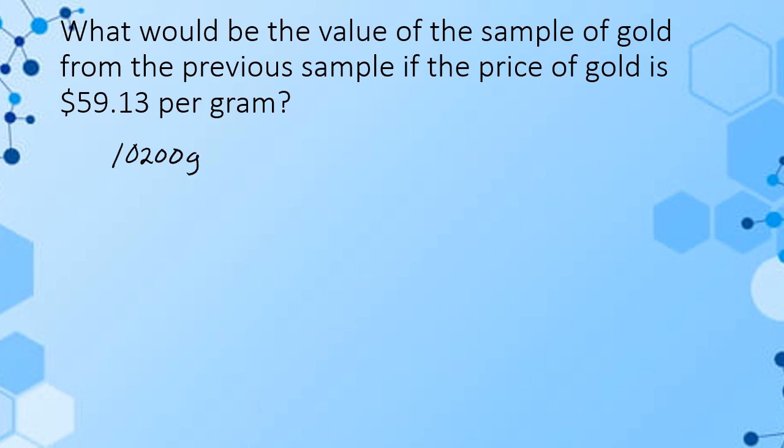10,200 grams of gold. We have a conversion factor given to us in the example. Now this time it's not exactly spelled out for you, but if you read the text of the problem, then you see that our conversion factor is 1 gram is $59.13.